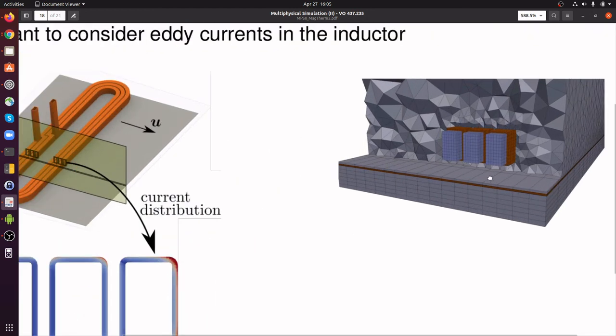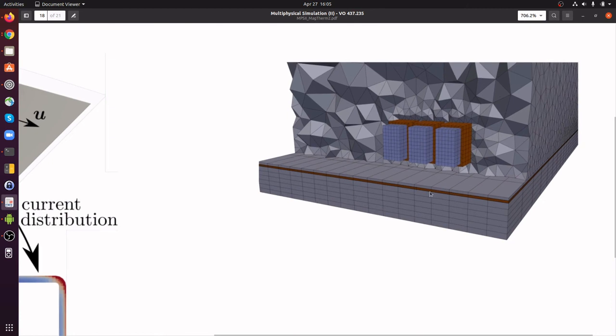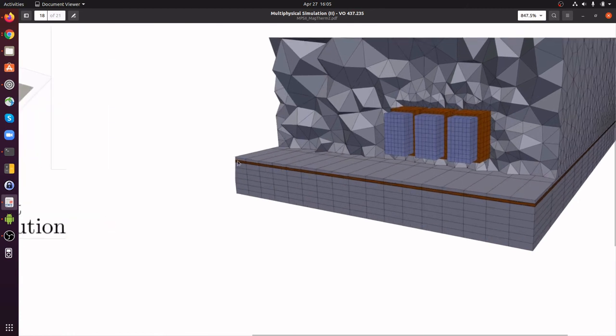Here again we're using a hexahedral mesh in the sheet, depicted here in brown, and also some air volume beneath the sheet, which can be meshed quite coarsely, since we don't want to resolve anything beneath the sheet.